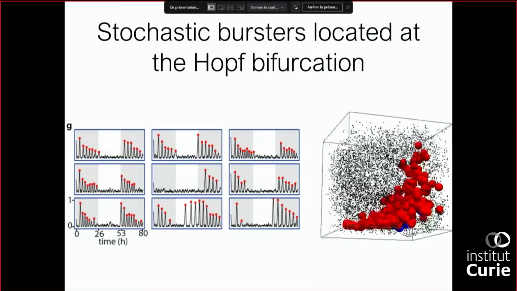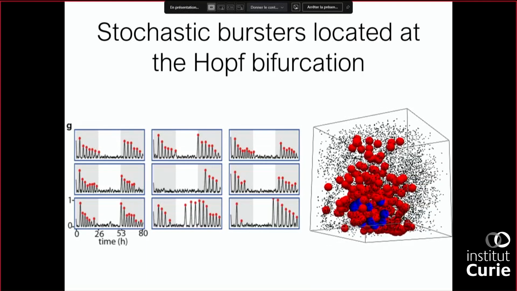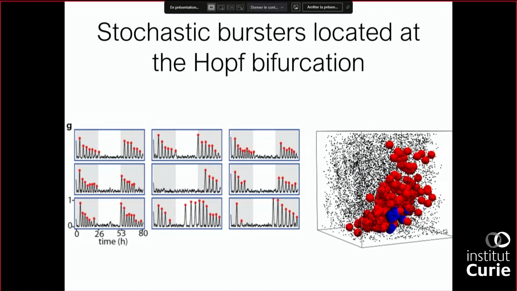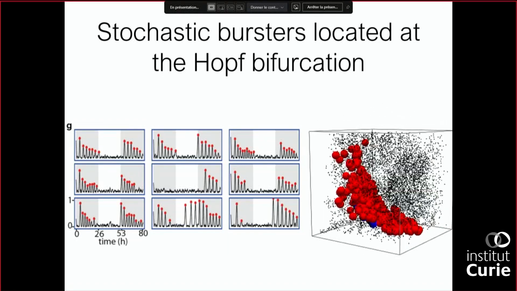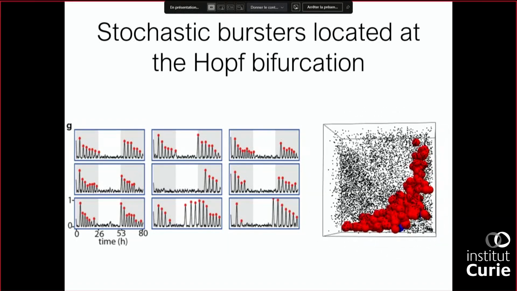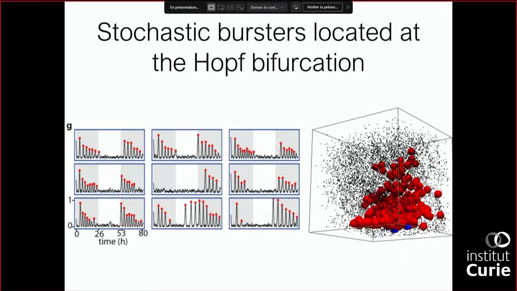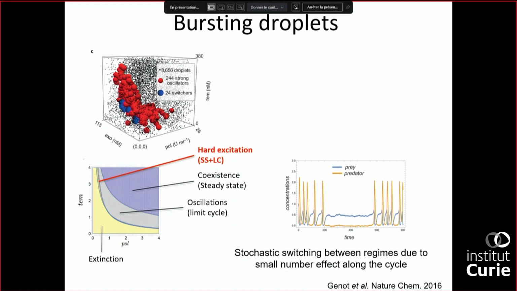And you see that some drops oscillate for some time, and then nothing happens for a relatively long time, a day or so, and then they start oscillating again. And this was observed in many different droplets. So this doesn't seem to be an artifact. And indeed, the droplets that show this behavior are located at the back of the Hopf bifurcation here, where we have predicted that you can observe hard excitation. And so it was possible to create a small stochastic model that replicated this behavior.